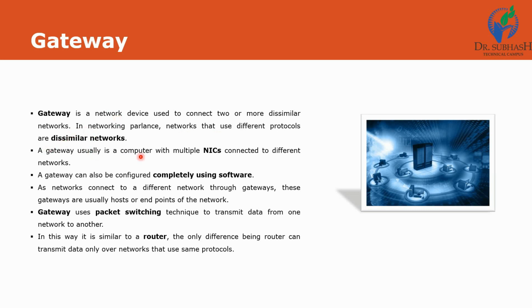A gateway usually is a computer with multiple NICs, like an IBM server. An IBM server has multiple NIC cards, so we can connect one card as an input and one card as an output. We can also use both cards as input and output ports connected to different networks.